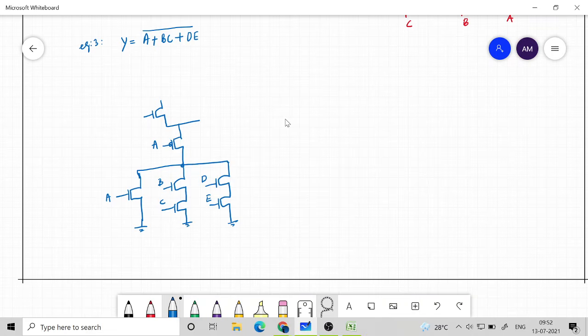So this will be PMOS. I have to put the bubble, B, then C, then I have another. So this is D.